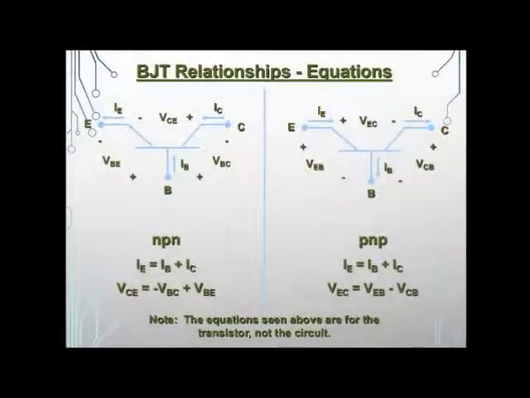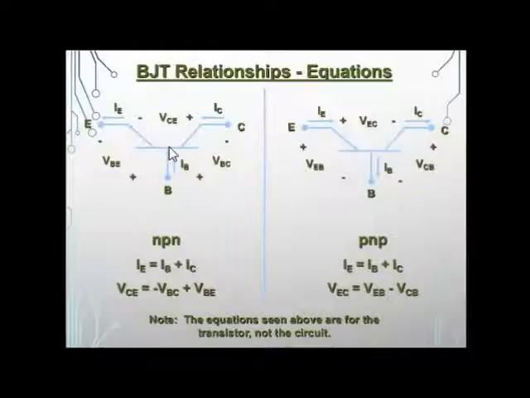Now we need to remember some relations while studying BJTs. The current IB flows from the base when connected in a circuit, and IC also flows, and this is the nodal part.